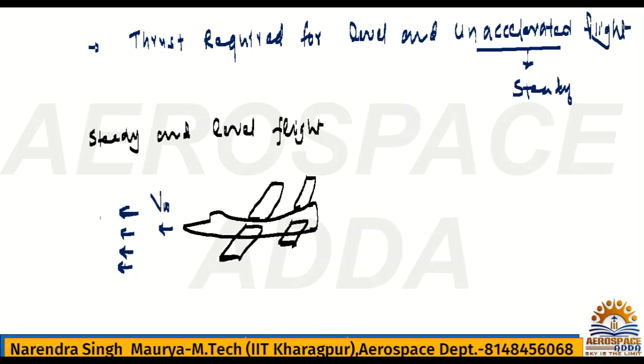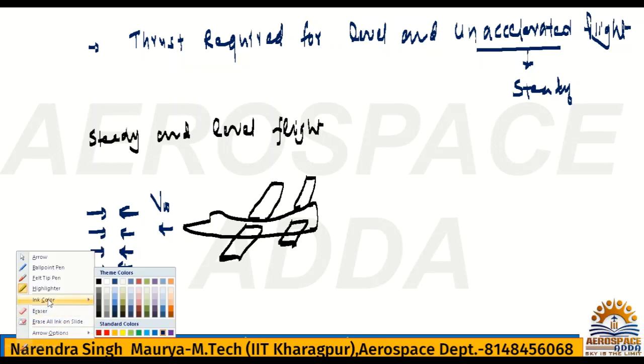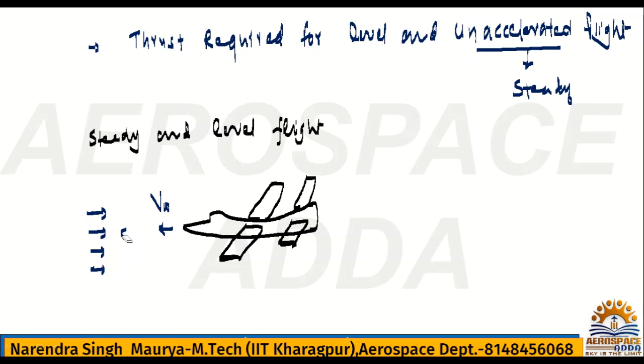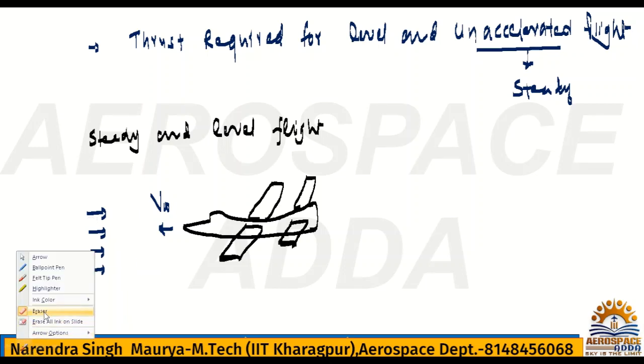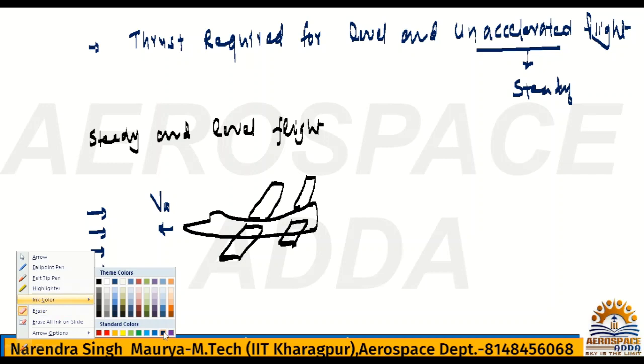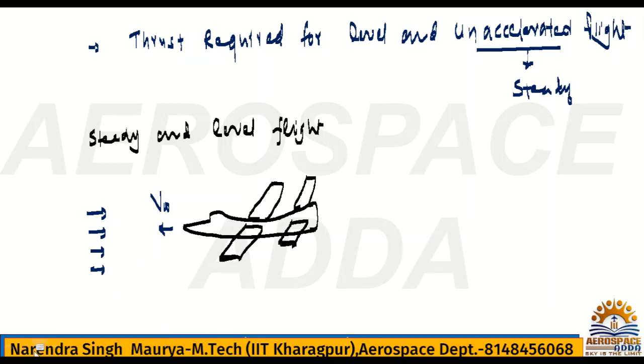So definitely the air will be coming like this. Yes or no? Better I will remove this and show this is the air coming towards the aircraft. As we know, if the air is coming towards the aircraft with v infinity, the same velocity will be for the aircraft. Yes or no? Now this is what, free stream.